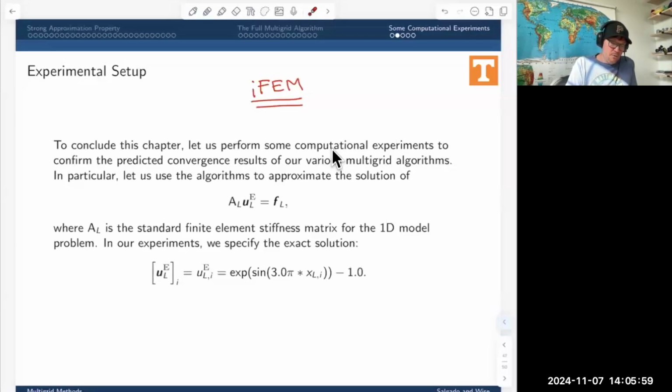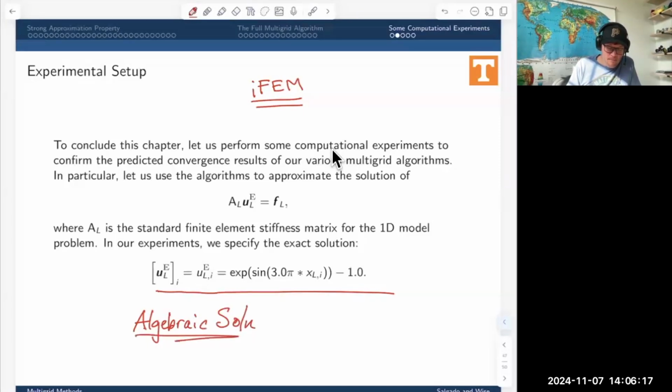So what we're going to do is start off by assuming that we have this as our true algebraic solution. Once you have an algebraic solution and you have the stiffness matrix, we're just going to multiply the stiffness matrix times the components of that algebraic solution.